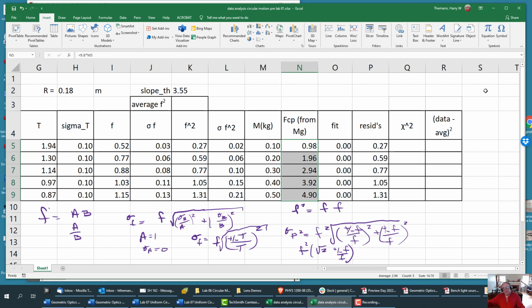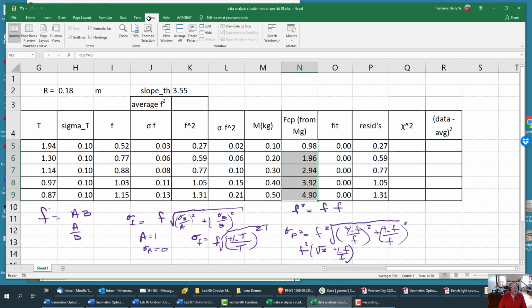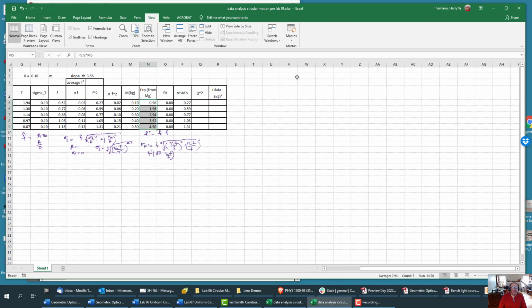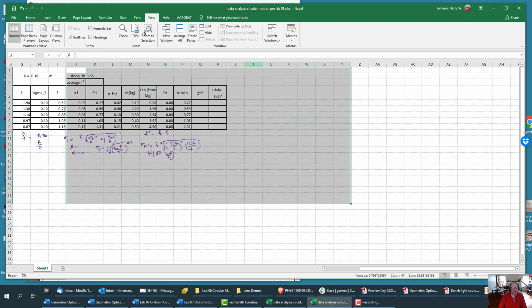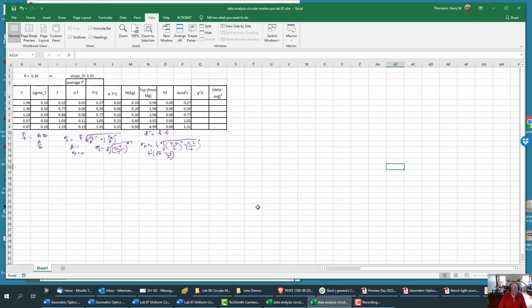Okay, so now, as always, we need to get a fit parameter table. For now, let's just do this. Oh, wait a minute, I got another idea. I'd like to get these guys out of the way.